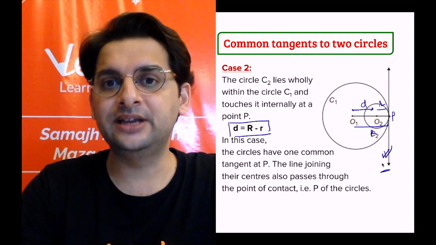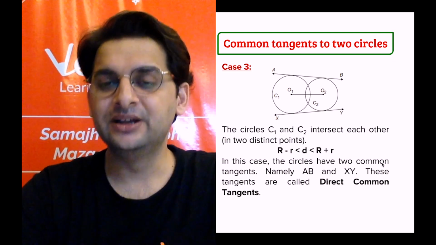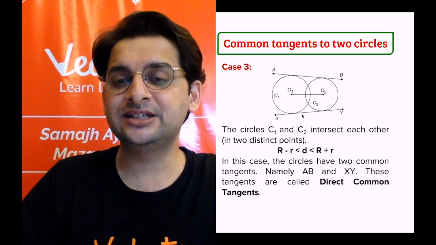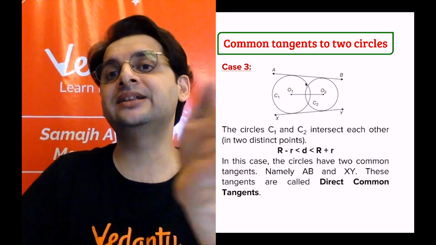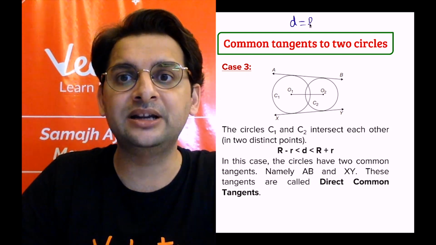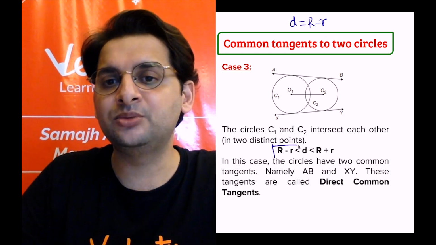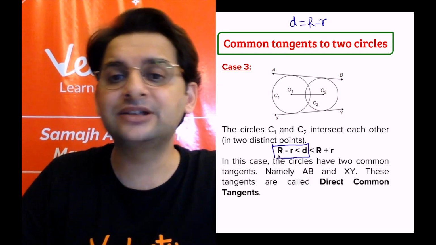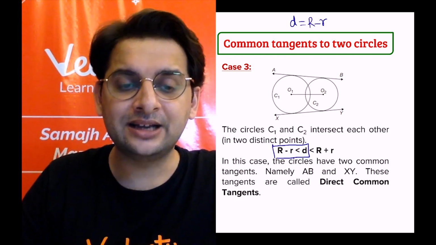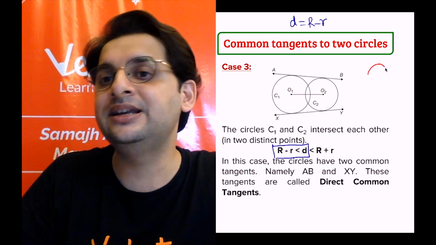Let us look at the third case, the case of two circles intersecting each other. D is clearly greater than in the second case, the limiting case, where D was R minus r. So in this case, D is greater than R minus r, no problem with this. And this has to be less than the case when the circles touch each other externally.